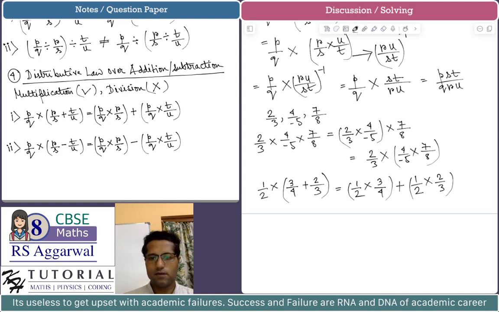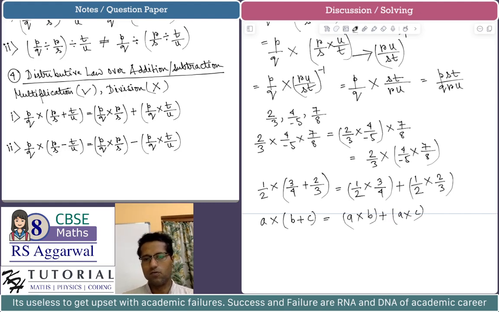That is, you distributed the multiplication over addition. So basically the formula is that for any kind of numbers, not only rational numbers, if A, B and C are numbers, and if you have this kind of expression, then you can write it as A multiplied by B plus A multiplied by C. This is the general concept of distributing multiplication over addition.